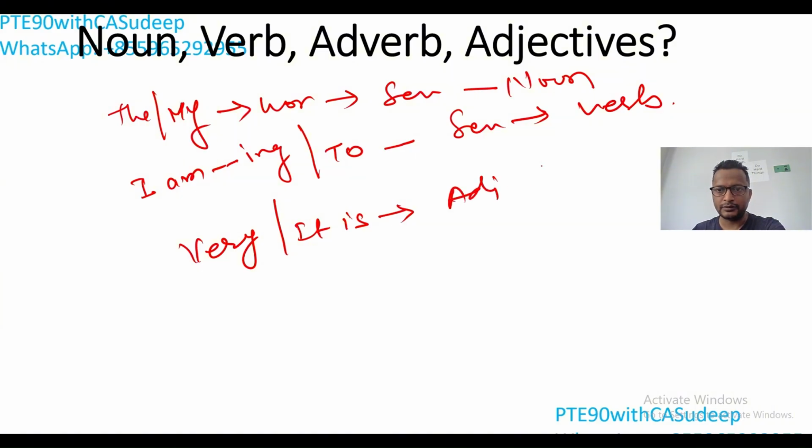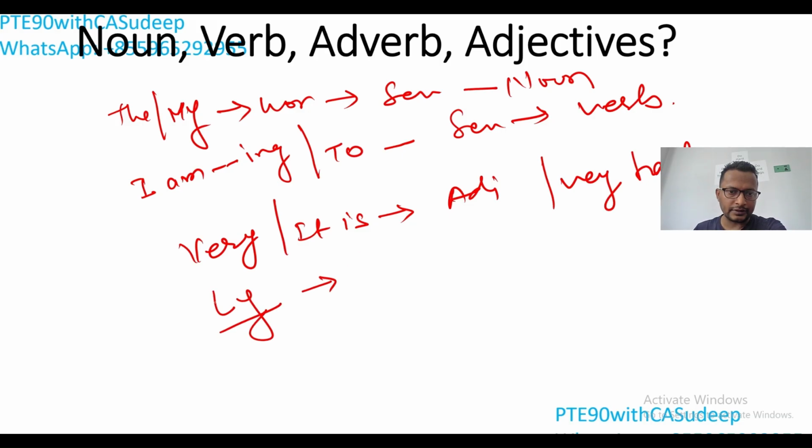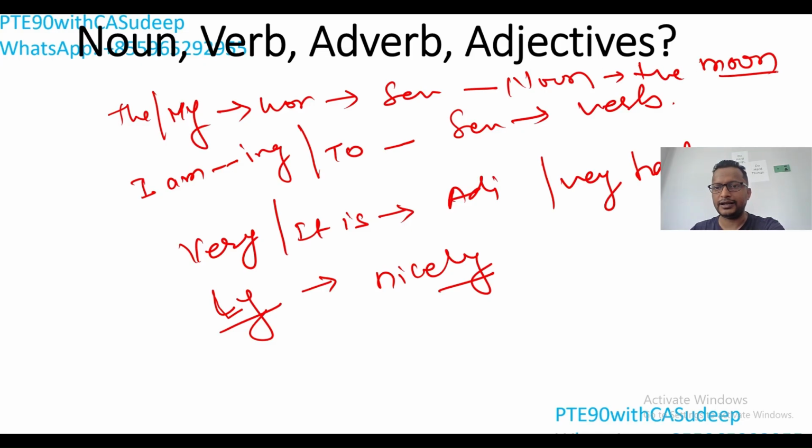Like for example, very handsome. And for how to identify an adverb, generally if the spelling of the word ends in ly, then that is an adverb. Like for example, nicely. The example is like "the" or "my", the noun. So the moon is a noun, right? I am eating, or to eat, right? So very handsome and nicely, right?